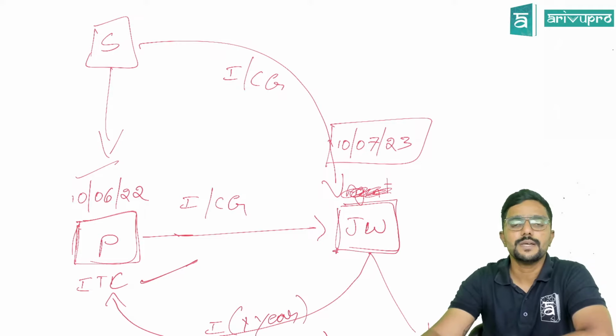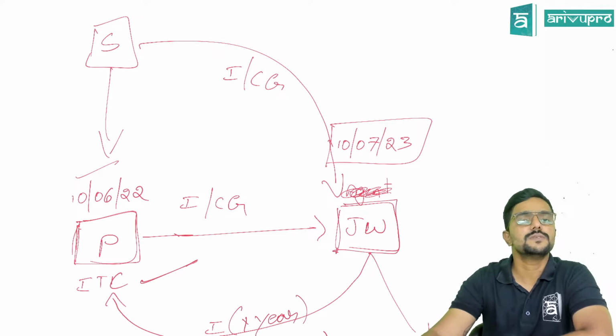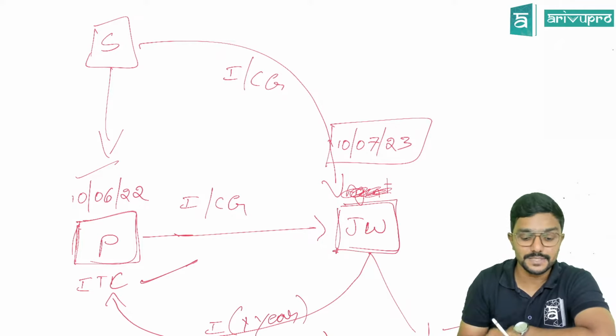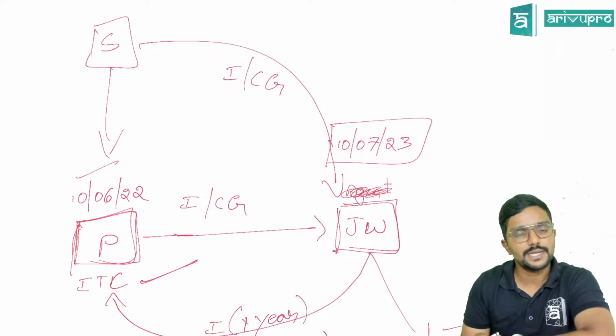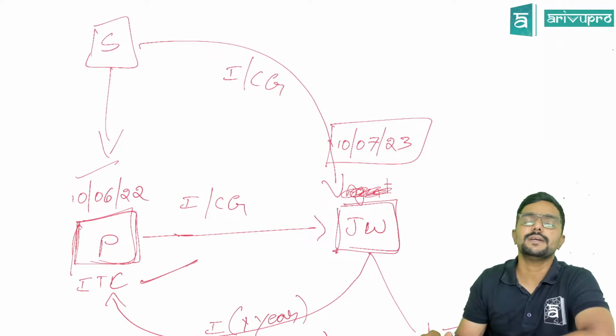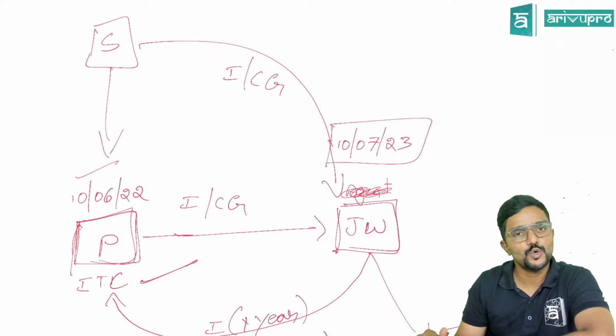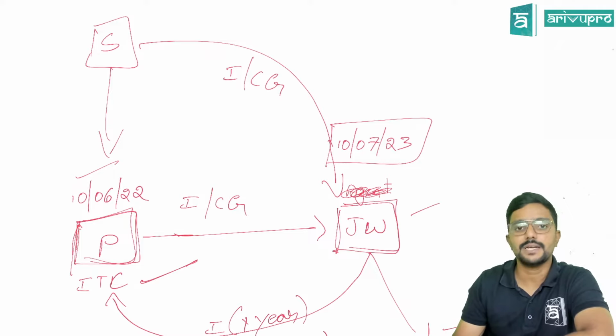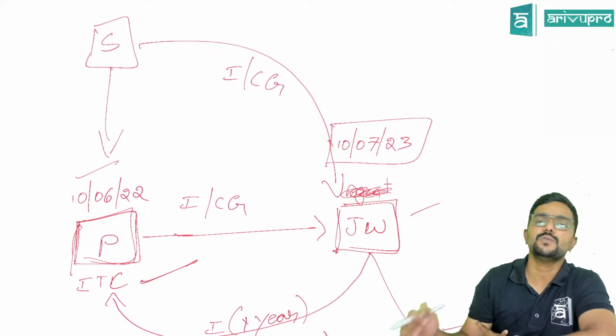Now the question is, can the principal claim the credit of this? Yes. Under section 16(2), one of the conditions is that the goods have to be actually received by the recipient, but still here the goods are delivered to the job worker on the direction given by the principal. In that case, still the principal can claim the credit of the goods or capital goods received by the job worker. But even in that case, it has to be returned back within 1 year or 3 years.